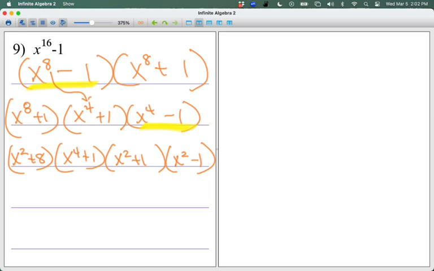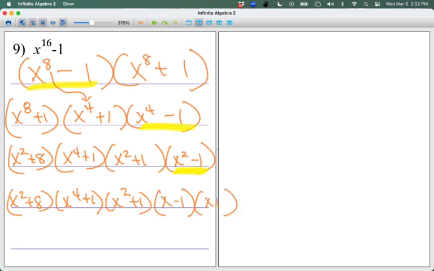Am I done yet? No, I still have another difference of squares. So I'm going to rewrite all of these. I'll have x to the 8th plus 1, x to the fourth plus 1, x squared plus 1, and then this one becomes 2 more: x minus 1, x plus 1.